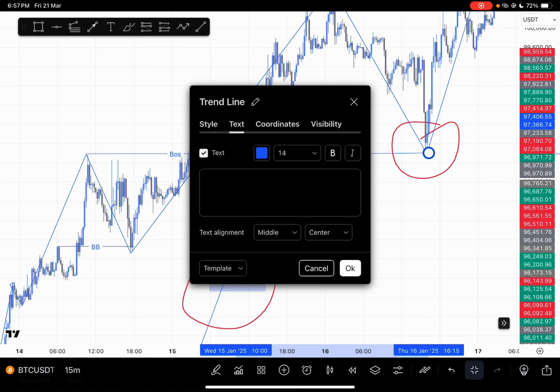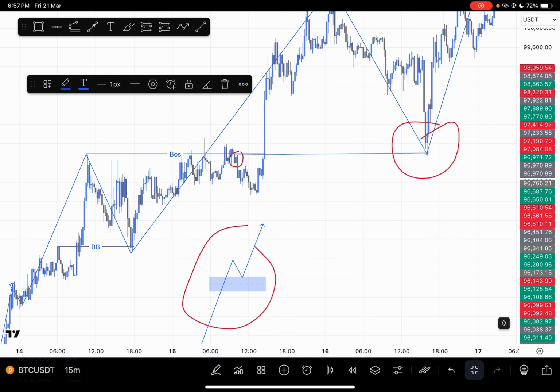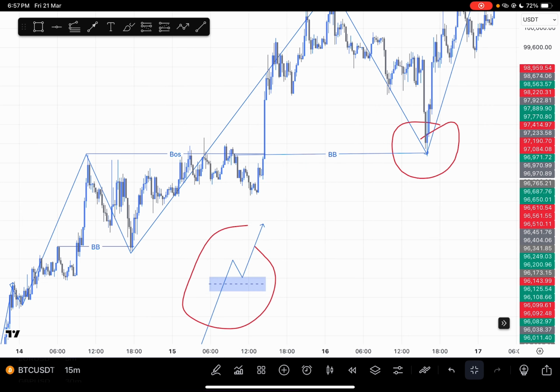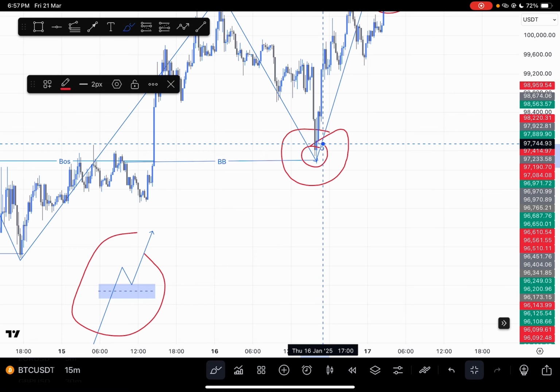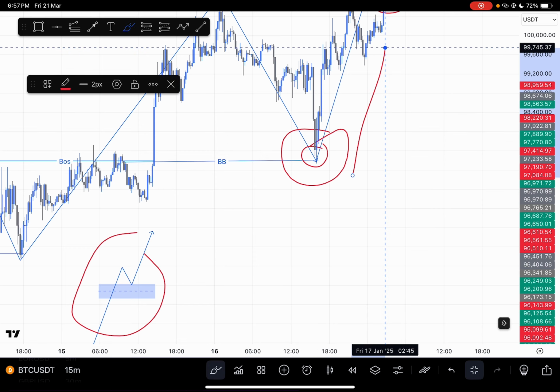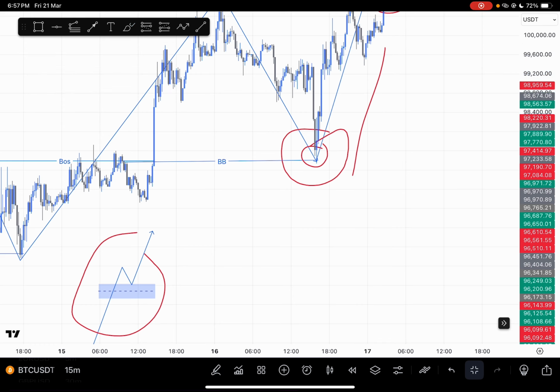The order block that got violated has automatically turned into a breaker block, and you see price came in, tapped on it here, then pushed to the upside. So you see how you can use a breaker block to take your entries.